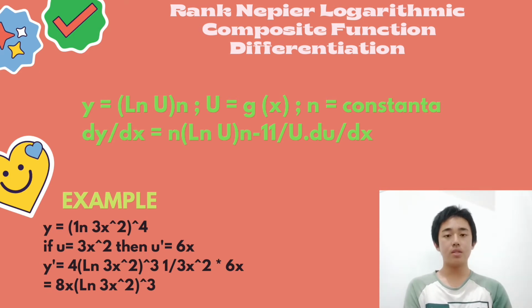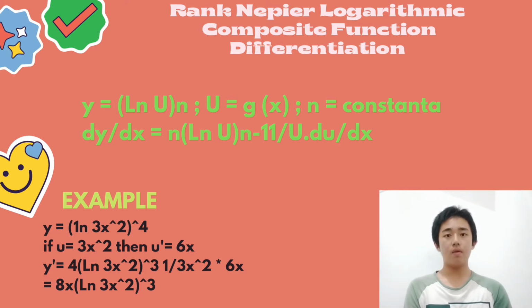Because we bring down the power 4 and then minus 1 from the power, giving 4 times (ln 3x squared) cubed. We also times this with 1 over 3x squared times 6x.